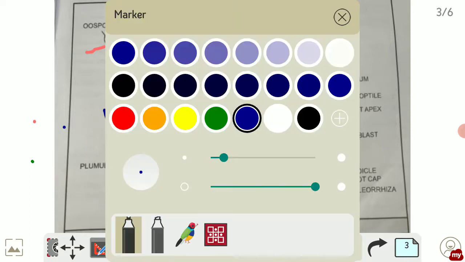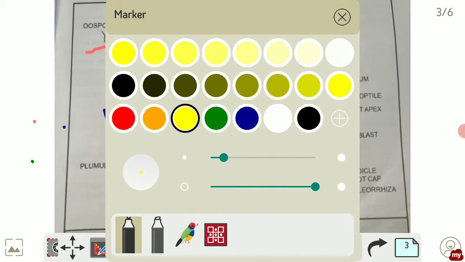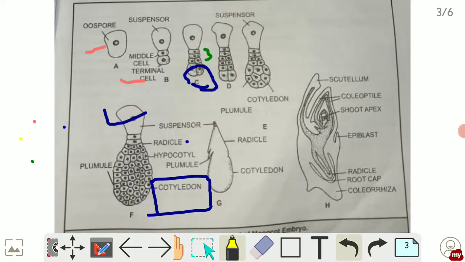Also in this figure we see the words coleoptile and coleorhiza. So what is the meaning of coleoptile and coleorhiza? Coleoptile is the cover of the plumule. When the root or shoot arises, the external environment can harm these parts.